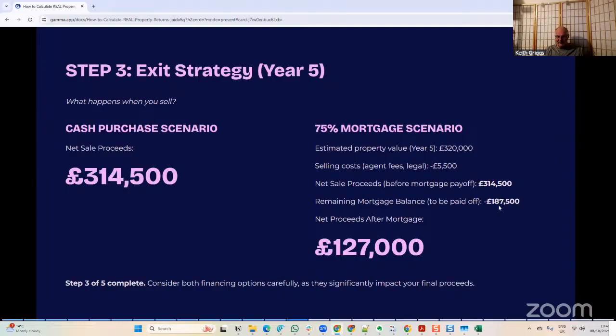In this case, I've assumed you pay off the mortgage balance of the same amount you borrowed, which gives you proceeds of 127,000. Again, I've not considered capital gains tax for the purpose of this presentation, but of course, you'd have to consider it in practice.